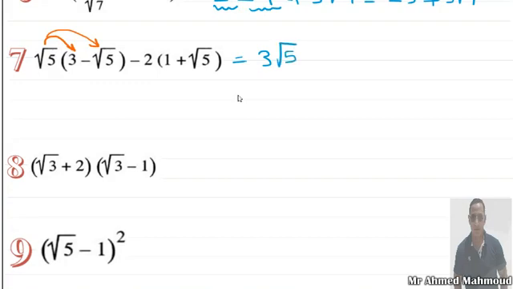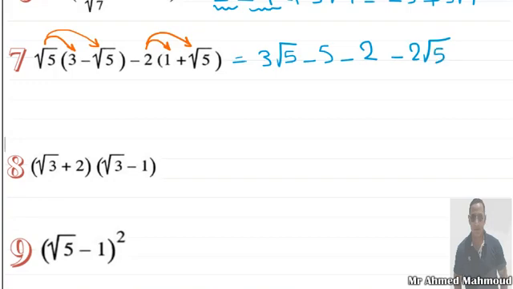And root 5 times negative root 5 equals negative 5. Next, I'm going to expand the second bracket, negative 2 times 1 and negative 2 times root 5. Okay, negative 2 times 1 equals negative 2. And negative 2 times root 5 equals negative 2 square root 5.